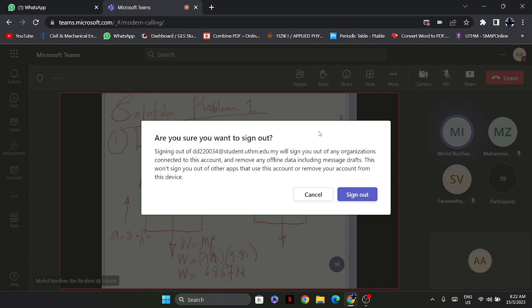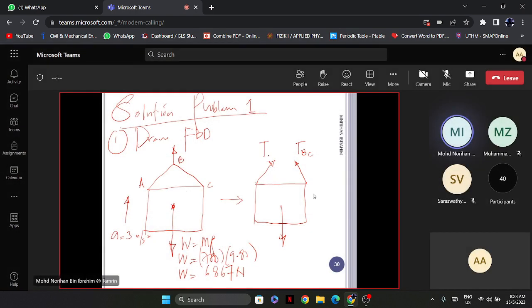So the supporting cables are AB and BC. Let's consider the forces as TBC and TAB. This one is A, this one is C.